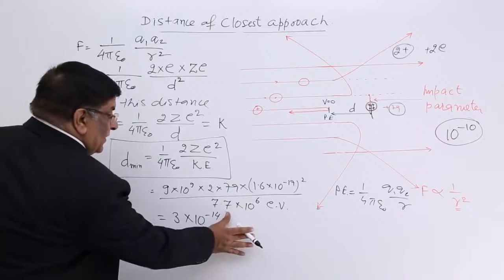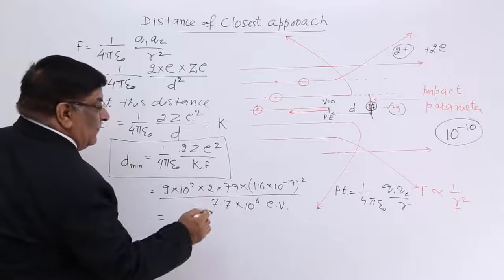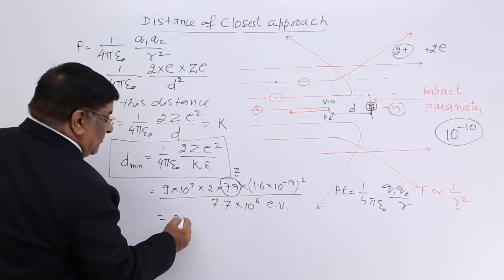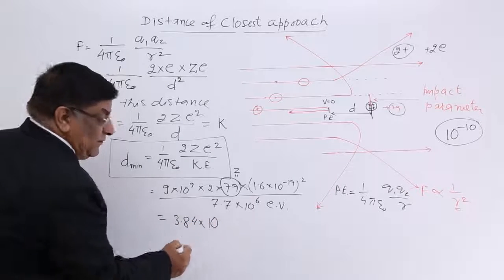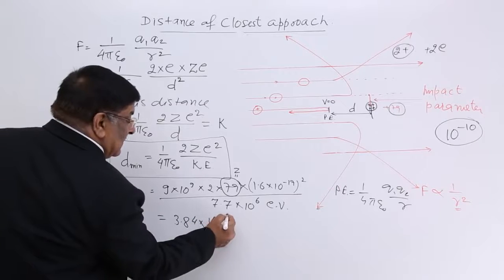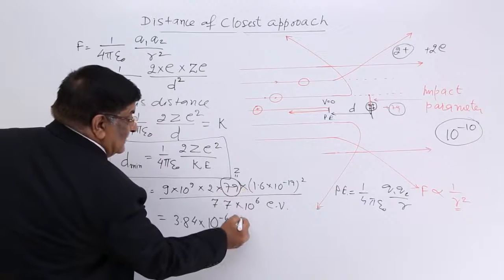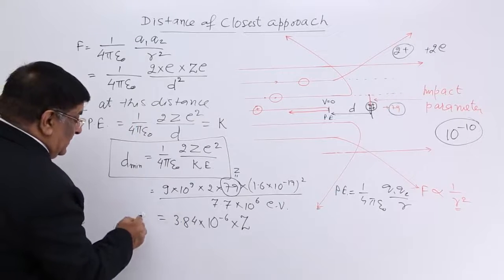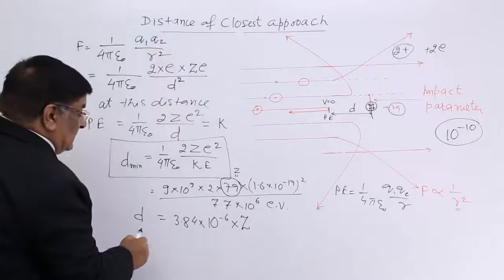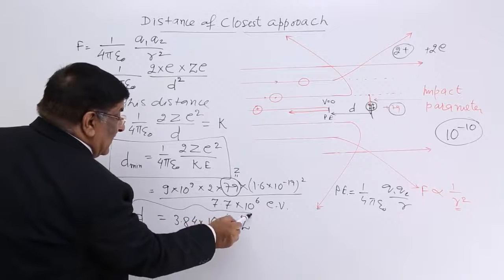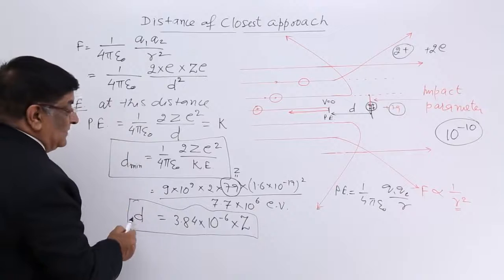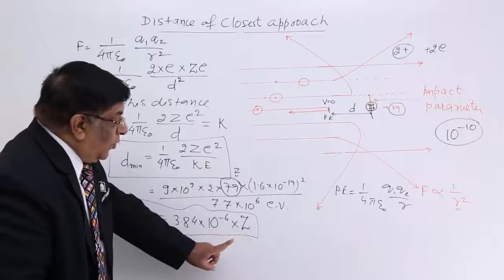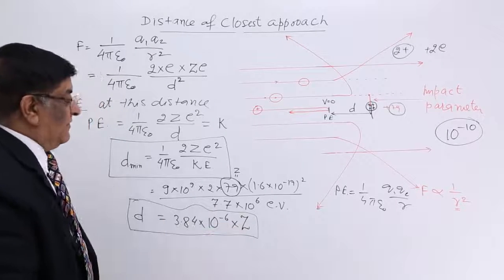Or if you want to remember a general formula, then you leave this Z, and this will be 3.84 into 10 to the power minus 6 multiplied by this Z. So this gives the formula for distance of closest approach for any material which has atomic number Z. Now we have used gold, so we will put Z equal to 79.